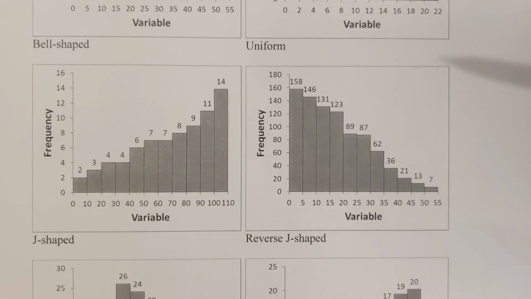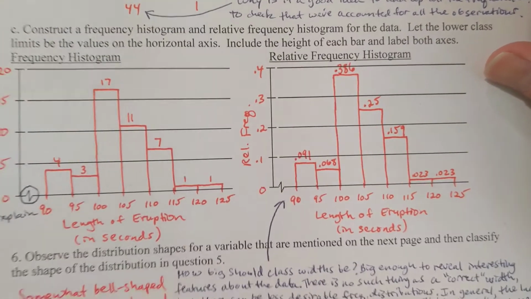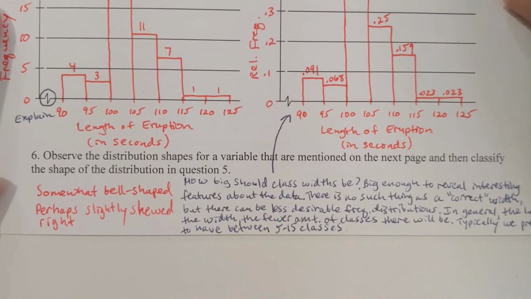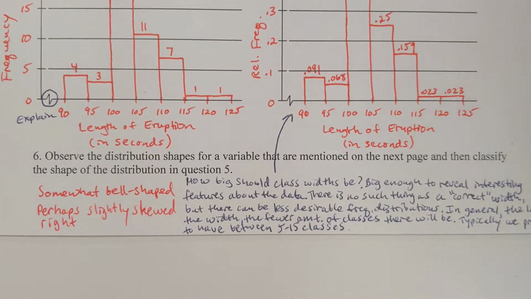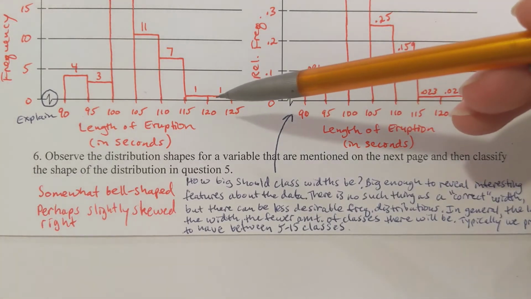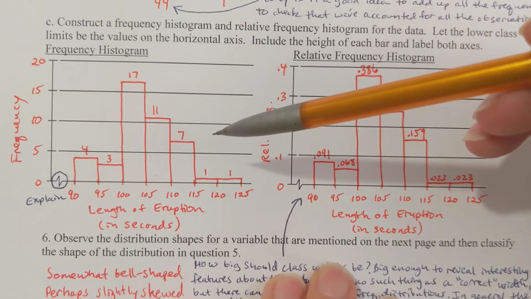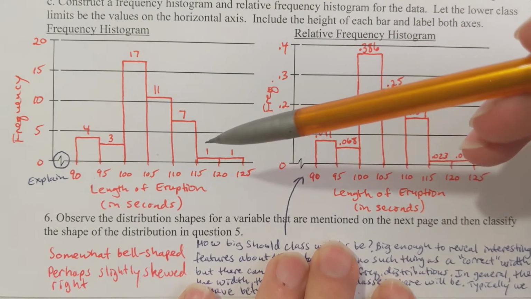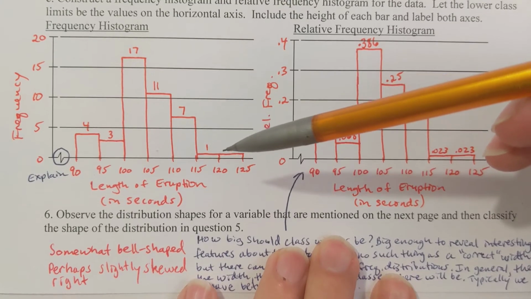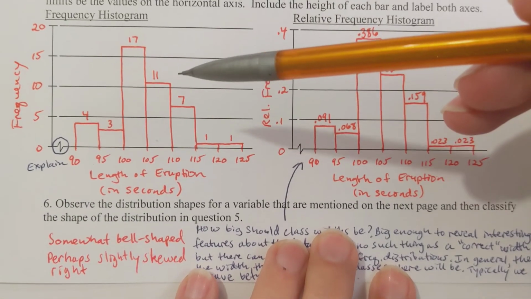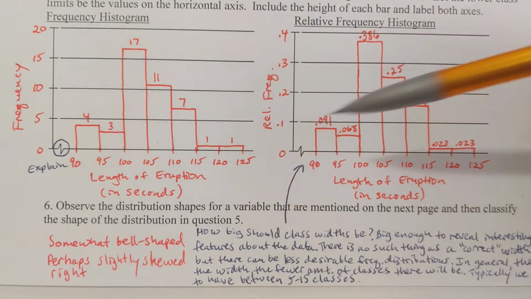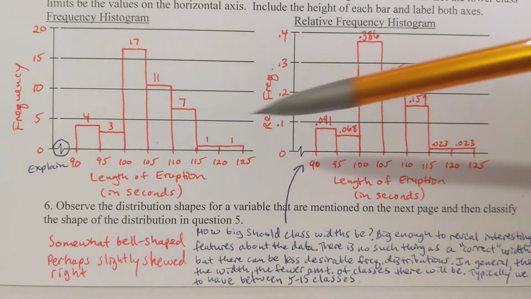Okay, so if we take a look at problem 6, we just looked at the distribution shapes. Okay, and if we observe the distribution shape for the histogram that we just drew here, what would be the best classification of this shape? Okay. Well, by the way, it does not matter which graph I look at.